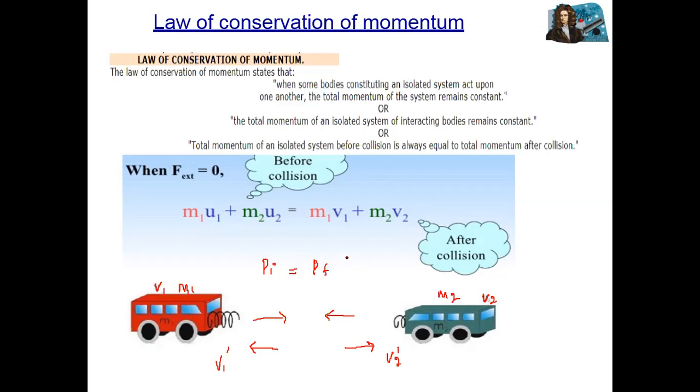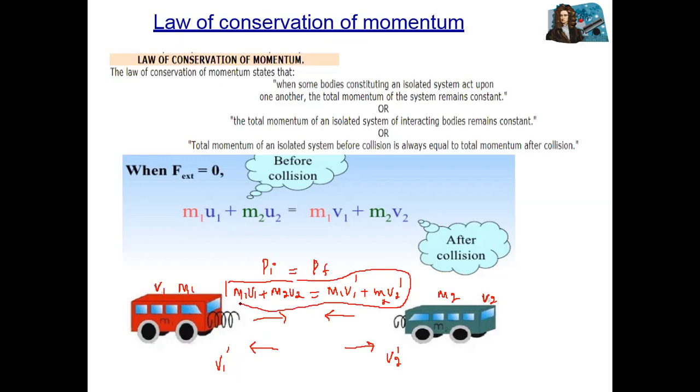The momentum before collision is m1 moving with v1, plus m2 moving with v2. After collision, we have the same masses but moving with different velocities: m1 v1 prime plus m2 v2 prime. This is the equation for the law of conservation of momentum.